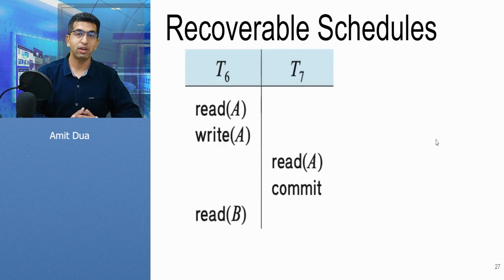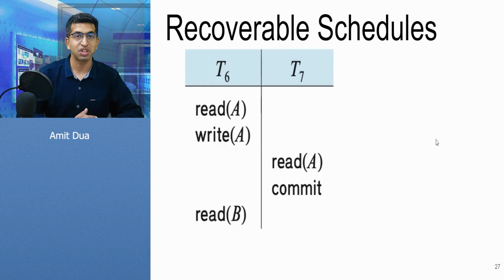If it does not roll back, it violates consistency, because the data item A which it read was not consistent, since transaction 6 has rolled back. At that point, this schedule is not recoverable. So one of the properties of irrecoverability is that there is a dirty read.